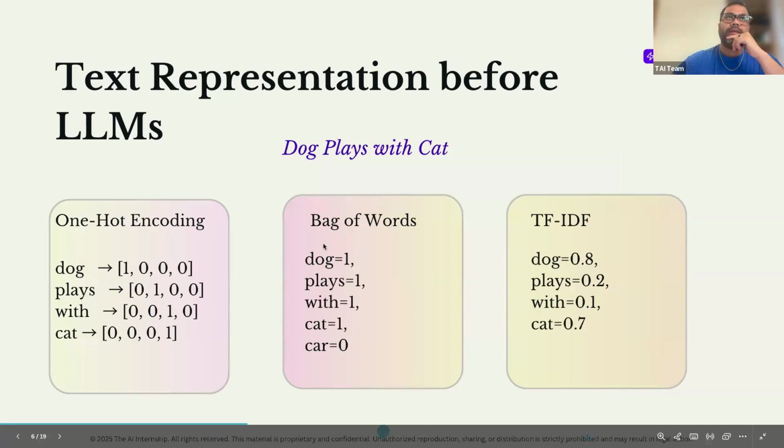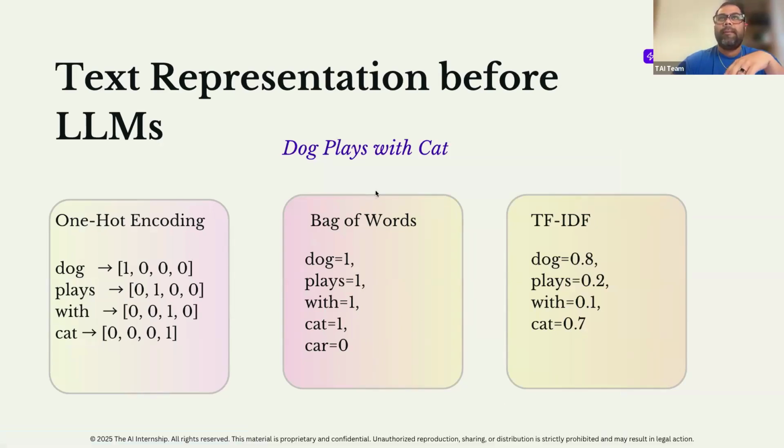So, text representation set up before LLMs. I picked some examples. Let's take a sentence like "dog plays with cat." If you look at one hot encoding, this is one of the common methods to convert categorical variables into a numerical form. It's used in quite a lot of traditional ML models.